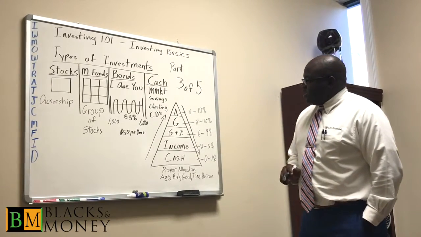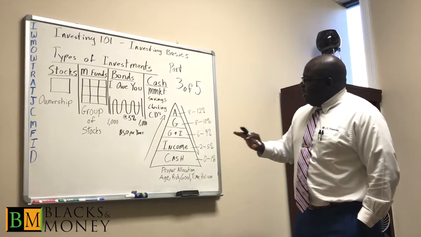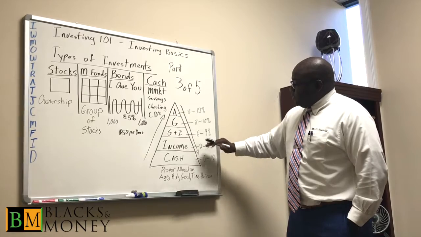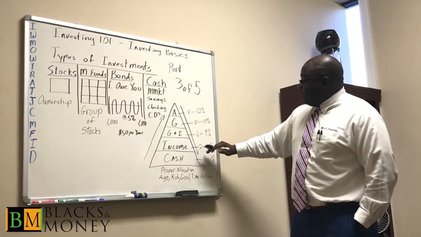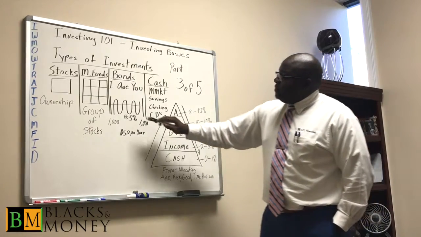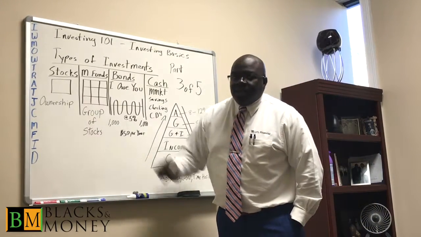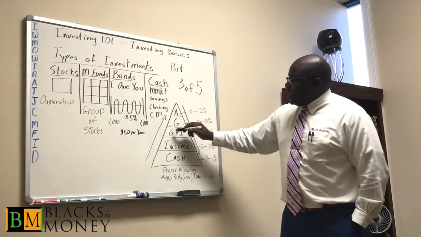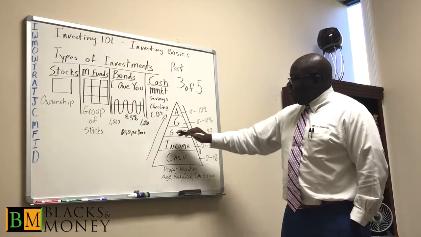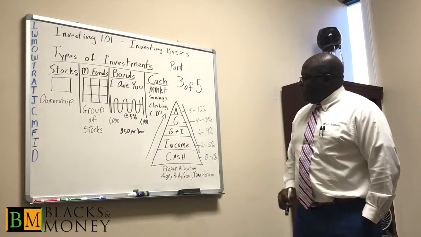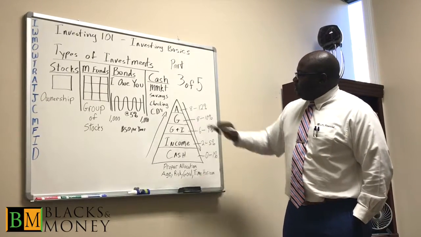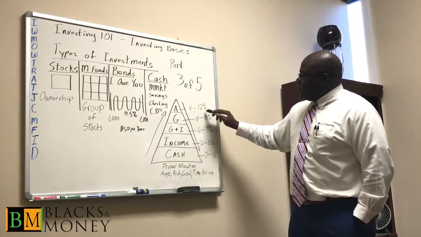Growth and income is a great category because we earn a little more money than we earn in the income category, 6 to 9%. Growth and income are those large company stocks, meaning we can get some growth from the stock price, but they pay dividends. So that's why they call it growth and income. Growth stocks between 8 and 10%, aggressive growth between 8 and 12%.